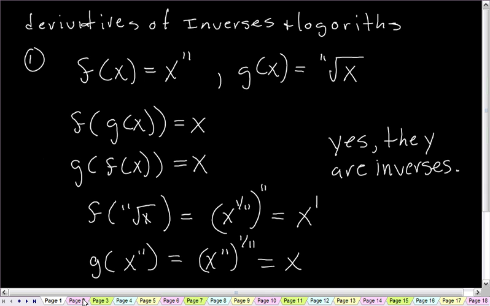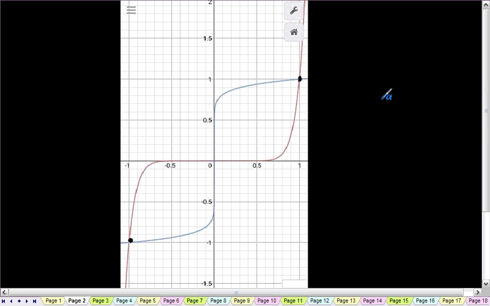The second part of the question, part B, this is part A. Part B asks you to graph f of x and g of x and show that they intersect at 1, 1 and negative 1, negative 1.